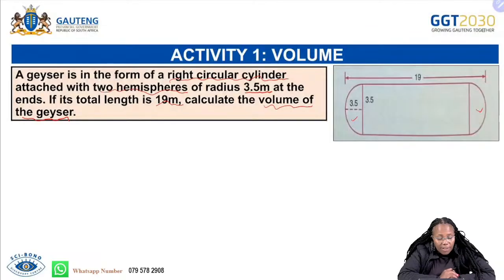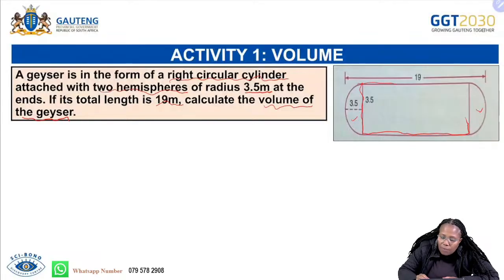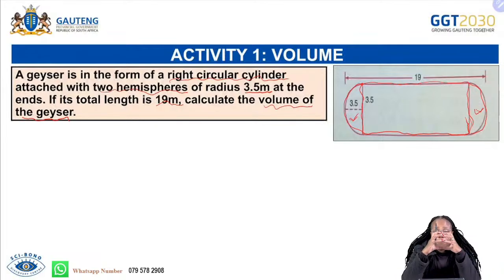Okay, grade 12s. Now we need to look at the diagram, right? If you look at that diagram, it is having the cylinder in between this part here. It is cylindrical. It's like a can of Coke or your glass of water. And then now it is having a hemisphere and a hemisphere. Then if you combine these hemispheres now, they will form a full sphere.